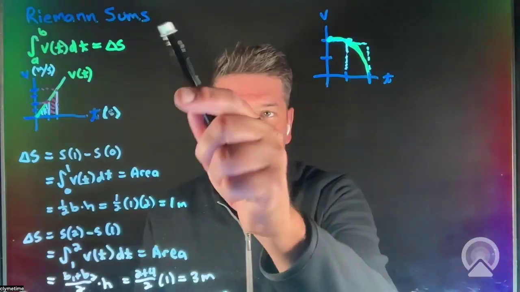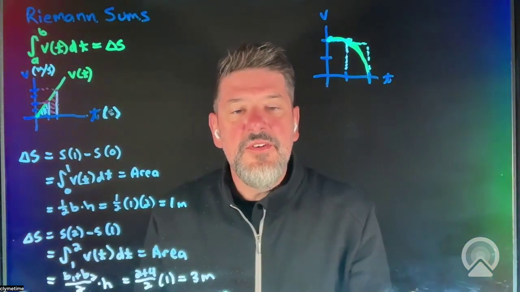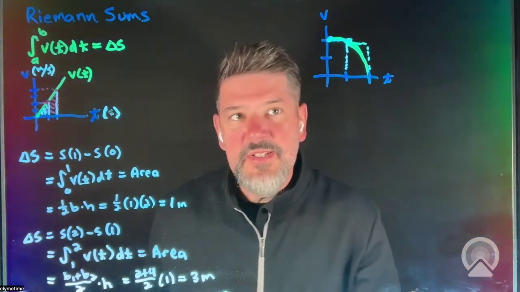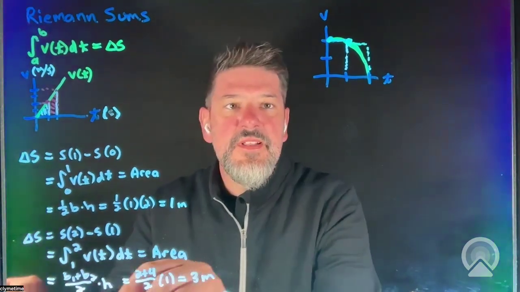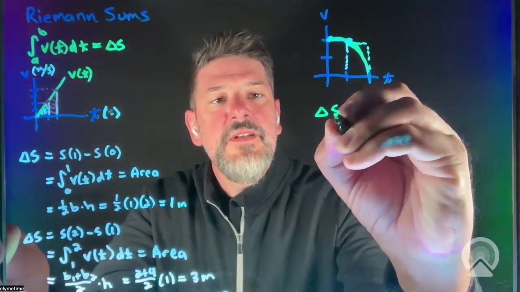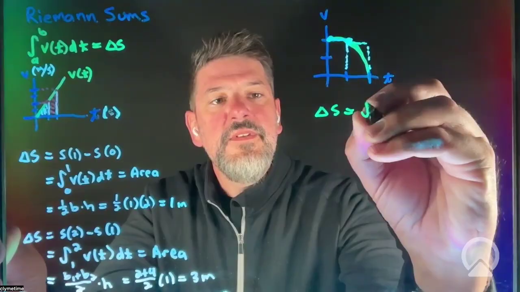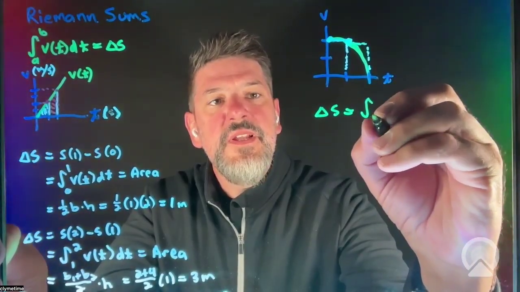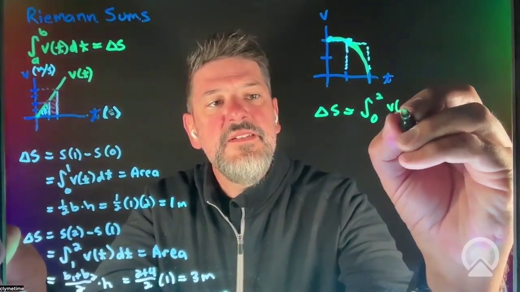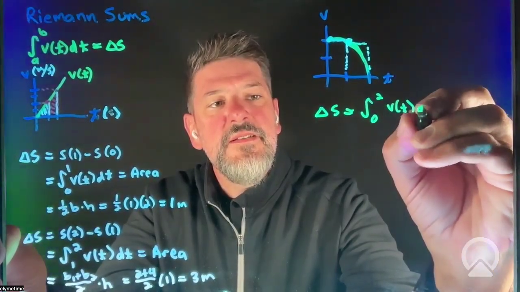approximation. So Riemann sum is basically an approximation for the area underneath the curve using rectangles. Typically we use rectangles. And so it would look something like this. So your change in position is going to equal the area underneath the curve from, we'll say from 0 to 2 in this case, of v of t dt.